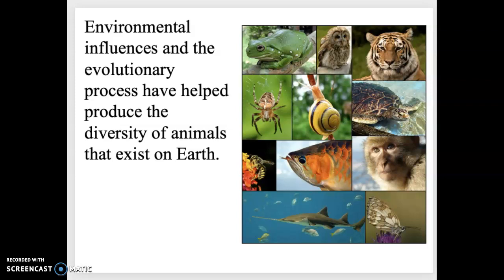Environmental influences, temperature, sunlight, climate, moisture levels, all those non-living factors, along with evolutionary processes, have helped produce this diversity of animals on Earth. So look at the spectrum of animal diversity. It's broad, it's vast. Animals have been evolving for hundreds of millions of years, and this is what has led to the diversity we have today.